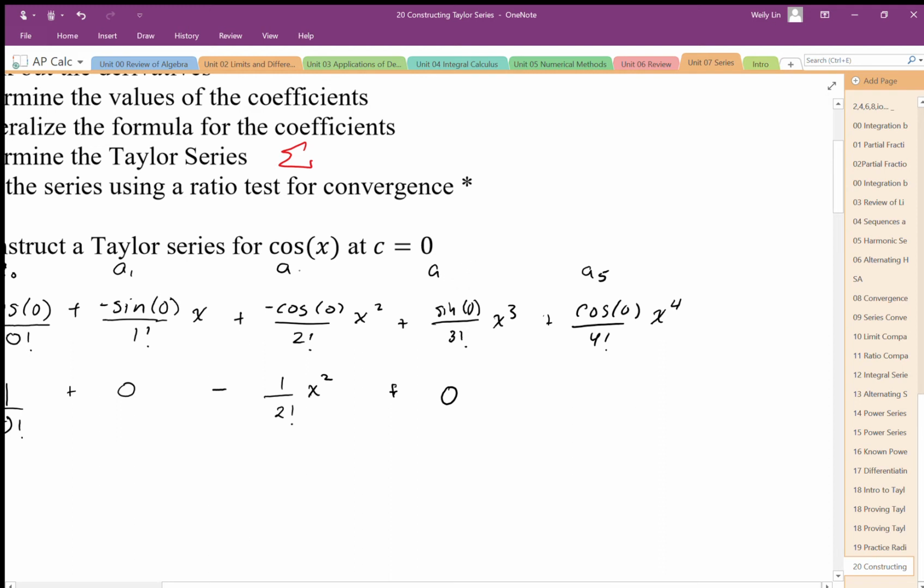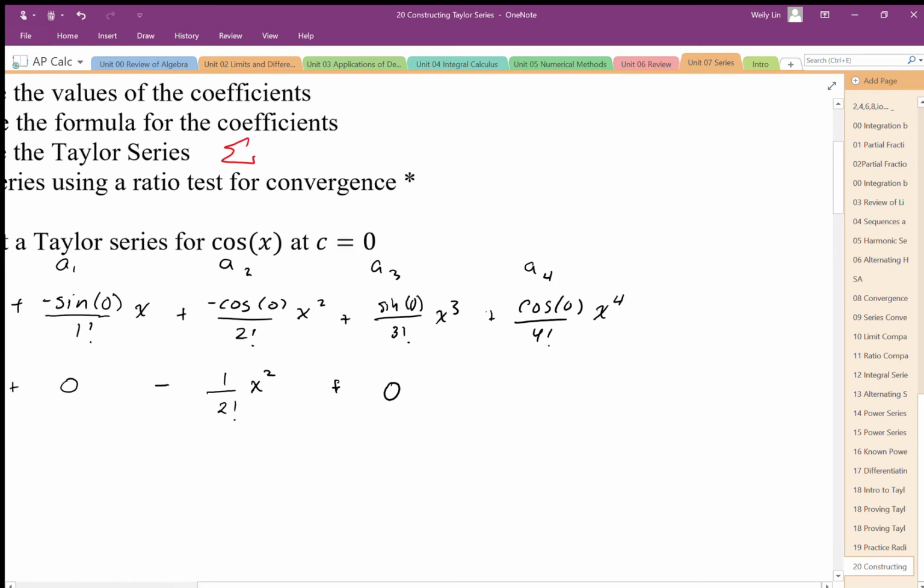Okay, so it's going to be every even term, my mistake. Every even term is going to generate a term. So this becomes 1 over 4 factorial, and then x to the power 4, etc. So plus dot, dot, dot.